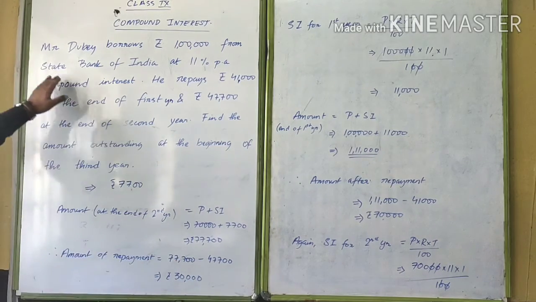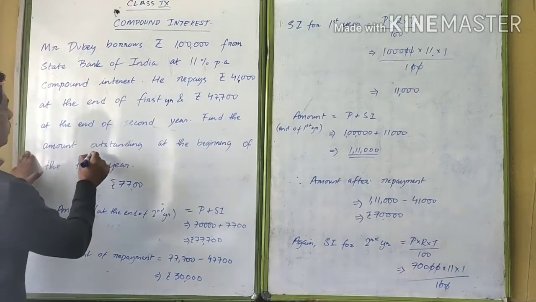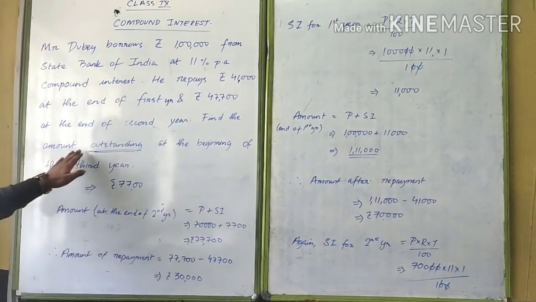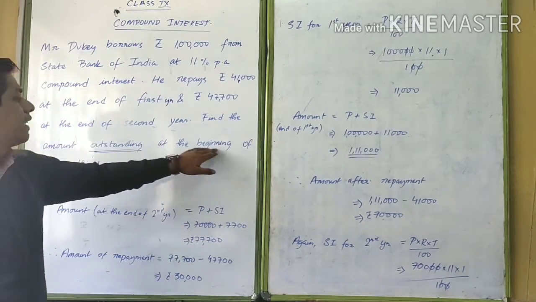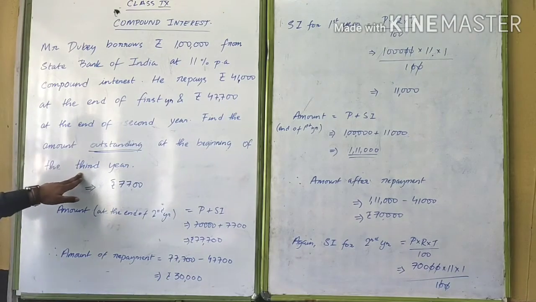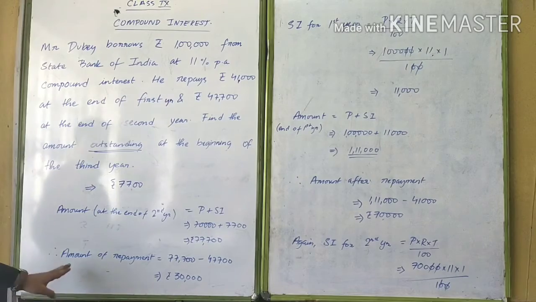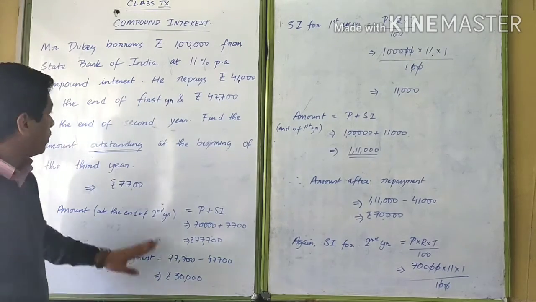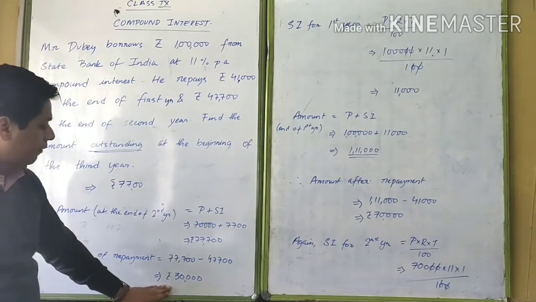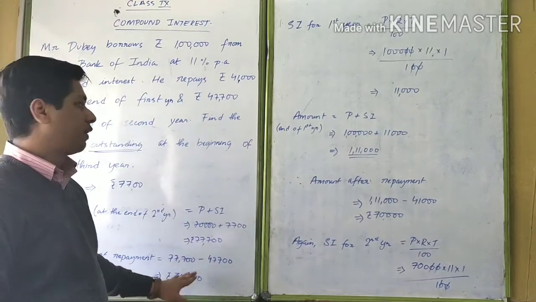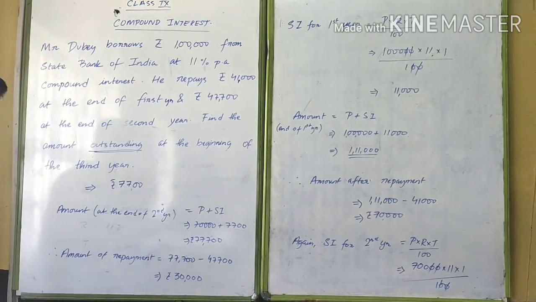So the question is asking find the amount outstanding at the beginning of third year. At the beginning of third year means at the end of second year. So Mr. Dubey will have to pay 30,000 more to the bank. So the outstanding amount is rupees 30,000.